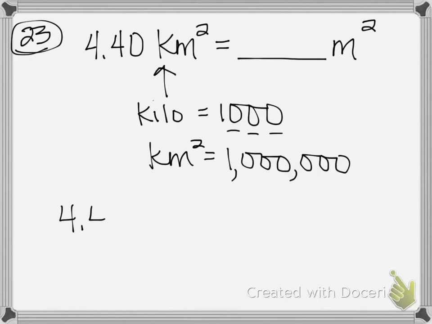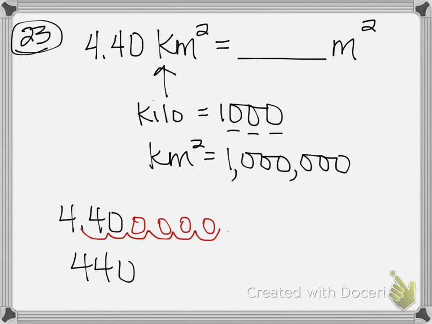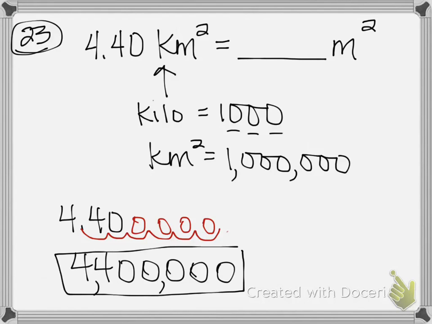So if it starts out at 4.40 and I move it 6 times, 1, 2, 3, 4, 5, 6, fill in some zeros here, it looks like my answer ends up being 4,400,000 square meters, which is the same thing as 4.4 kilometers squared.